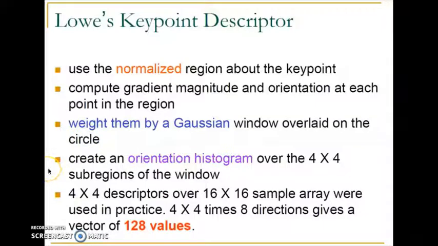And then we create an orientation histogram of, most importantly, 4x4 subregions of the window. We are talking about the SIFT key point descriptor. So in the SIFT key point descriptor, orientation histograms of 4x4 image subregions are basically created. And in order to calculate a descriptor at a key point, we basically pick 16 by 16 regions from the images, and these 16 by 16 regions are divided into 4 by 4 regions.